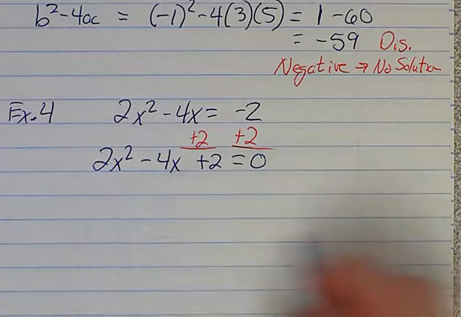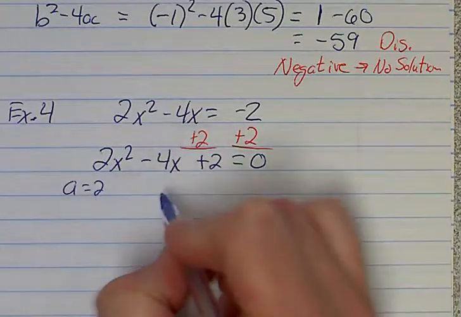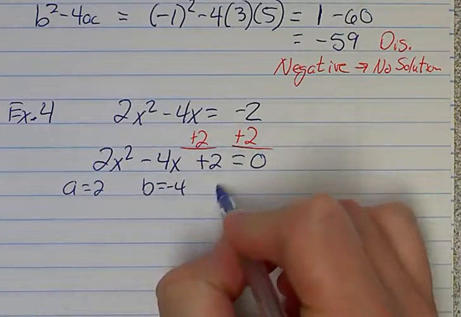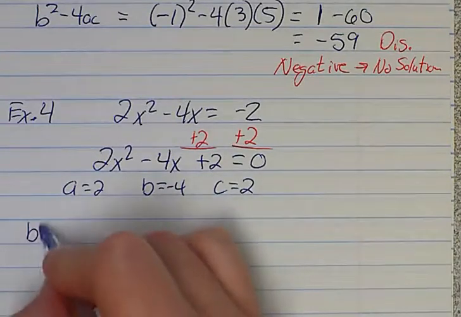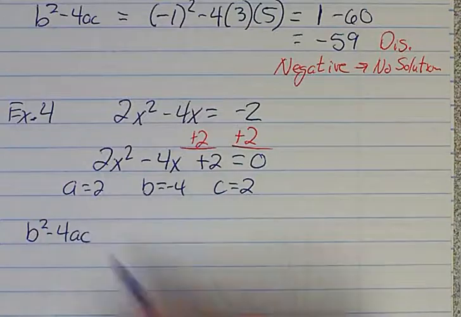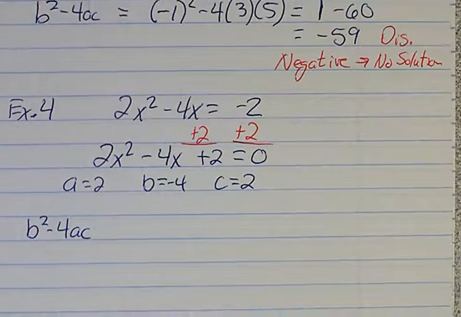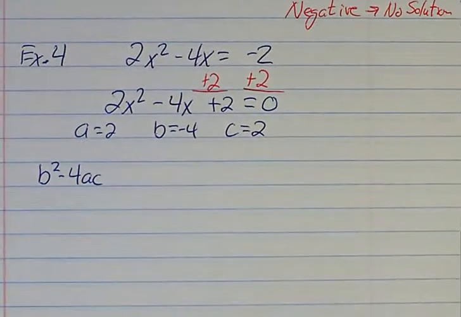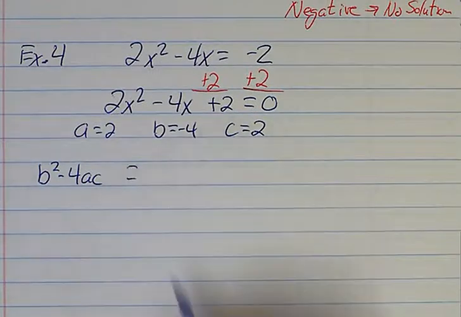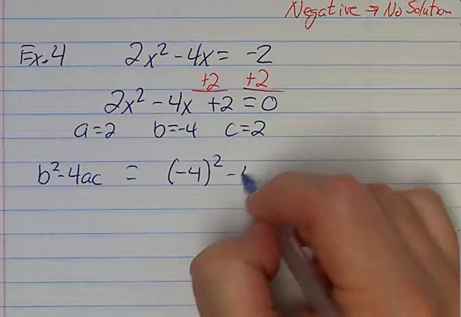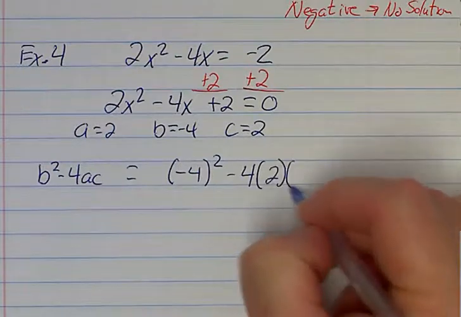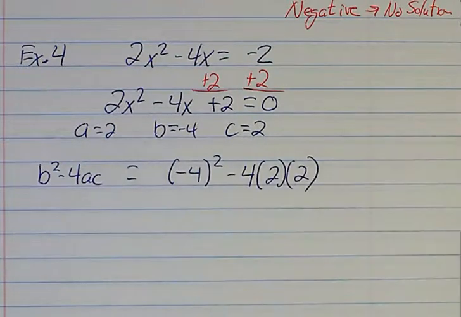Okay, so discriminant-wise, we've got the a value is 2, b is -4, and the c value is 2. So we're going to plug that into b squared minus 4ac and see what we get. Alright, so that's -4 squared minus 4 times a times c.